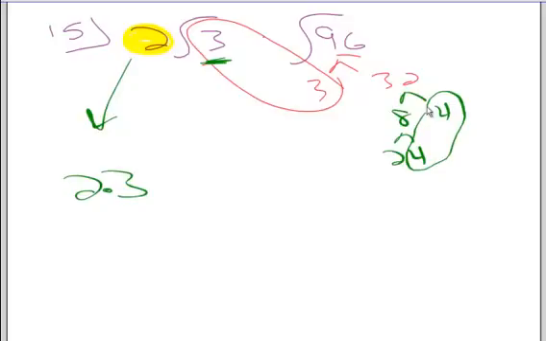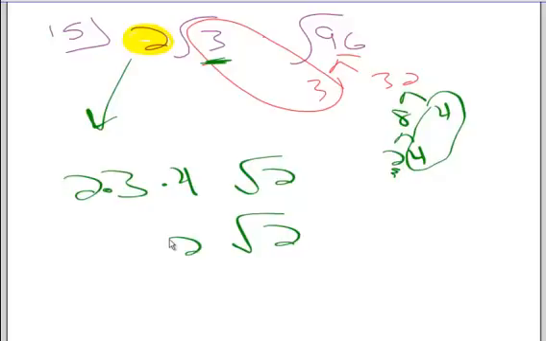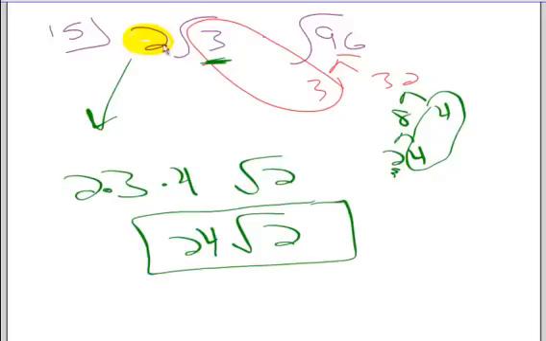And if you're getting pretty good at this, you realize right now I have a pair of 4s to bring out, and a square root of 2 is the only thing left over now. We don't leave 3 times 4 on the outside. Multiply it together, you get 12 and 24. 24 root 2. So if you have something on the outside, we would multiply those together. Square root 96 only has a 1 in front of it, so 1 times 2 gives me this 2 that we brought out right away.